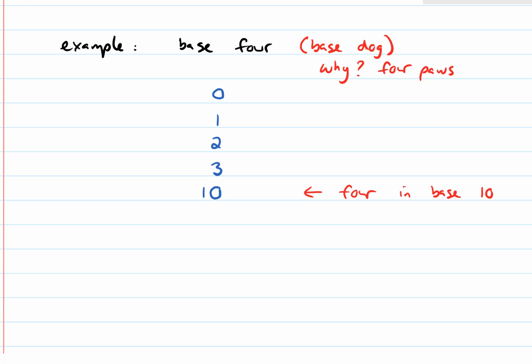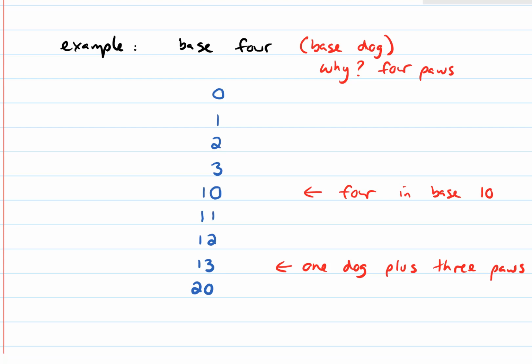So in order to count in base dog, our number 0 means that we have no paws, we have 1 paw, 2 paws, 3 paws, and then the number 1 in the next column means we have a complete dog for a set of 4 paws with none left over. Continuing to count then, we have 1, 1, so 1 dog, 1 paw, 1 dog, 2 paws, 1 dog, 3 paws.